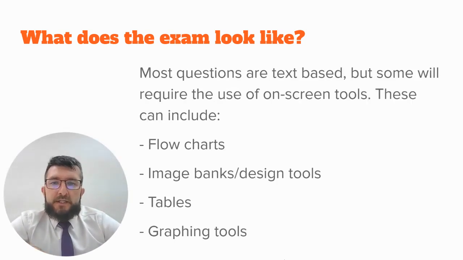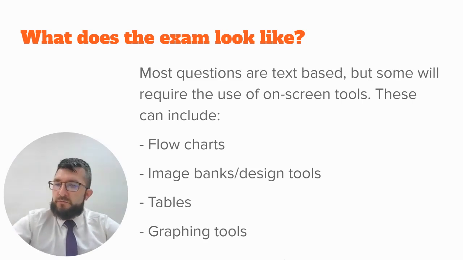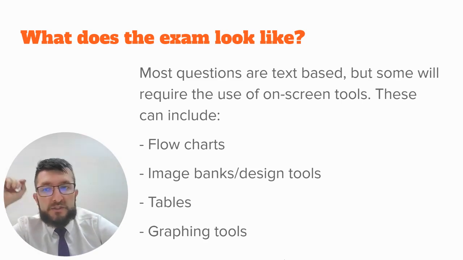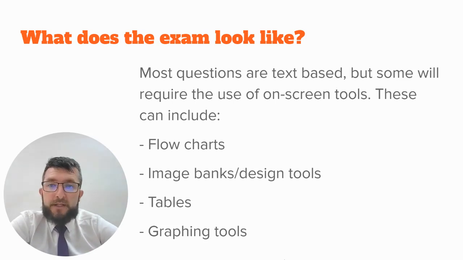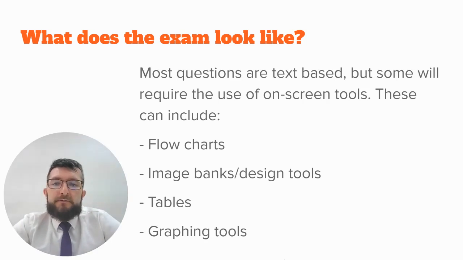The questions themselves, or the answers to those questions, are text-based. So for the majority of questions in the Integrated Humanities exam, you're writing your answer. But there are some questions, especially in the communicating section, that make use of the on-screen tools. Usually these are drag and drop functionality, where maybe the students create a flowchart or a graph.